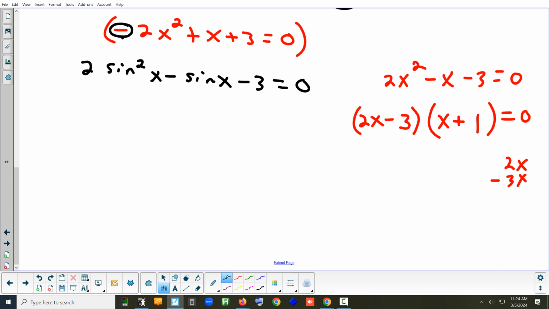Now, let's apply that to this one. Instead of having an x, you have sine x. So we're going to write exactly the same thing. Just don't write x. Write sine x. So what's going to be in my first parenthesis? Two sines.